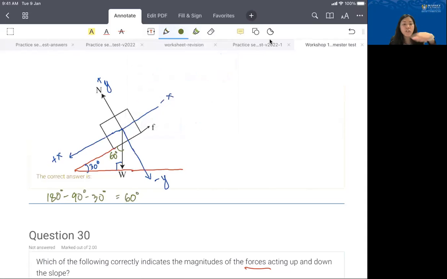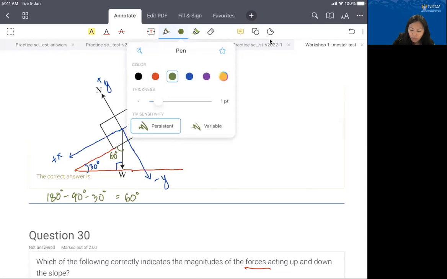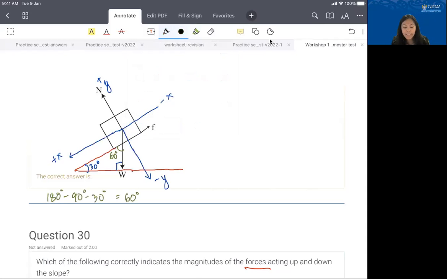The internal angles of a right angle triangle should add up to 180 degrees, and that's why we do 180 minus the two internal angles that we know.